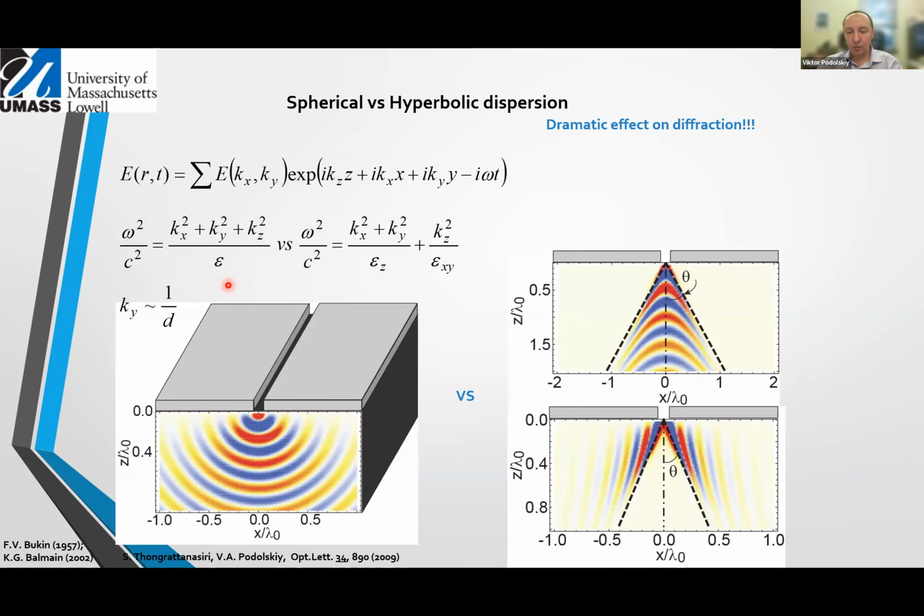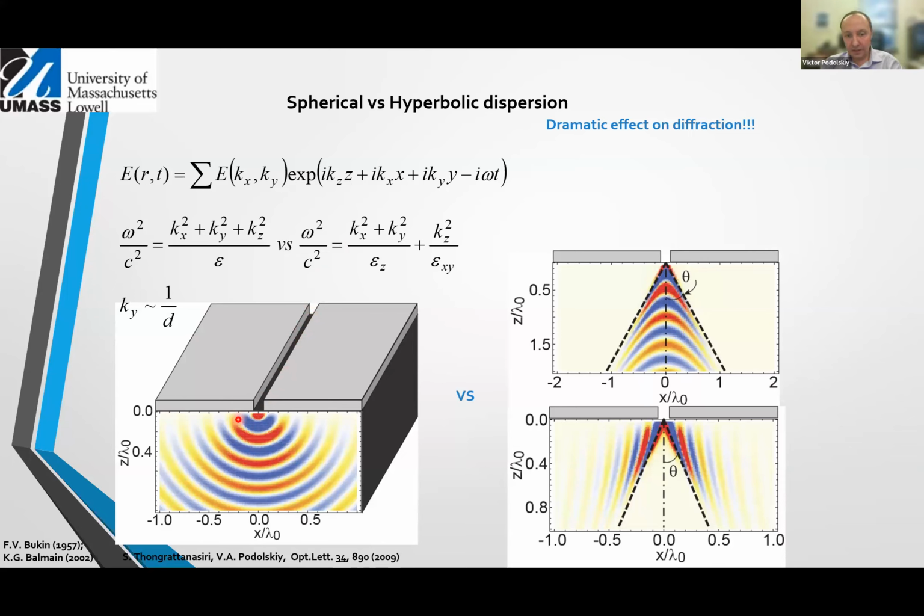So before I show you the final setup, I want to talk about diffraction of light in these hyperbolic materials. It's illustrated in these three pictures. The first setup, the one on the lower left, is the diffraction of light through a thin slit into an isotropic dielectric medium.